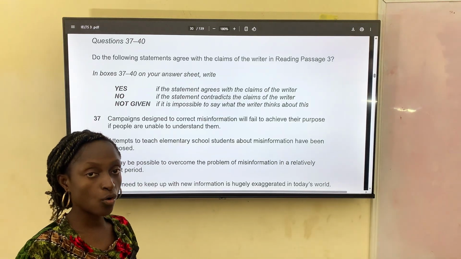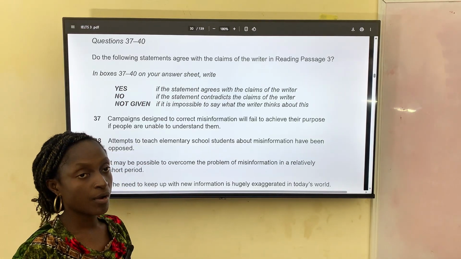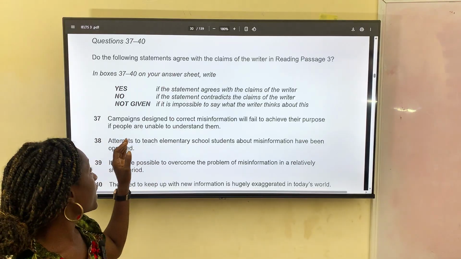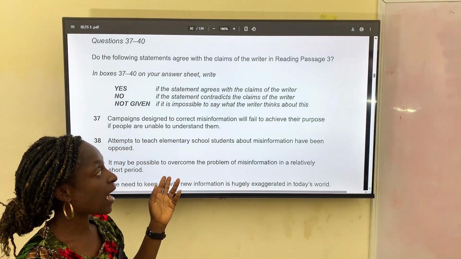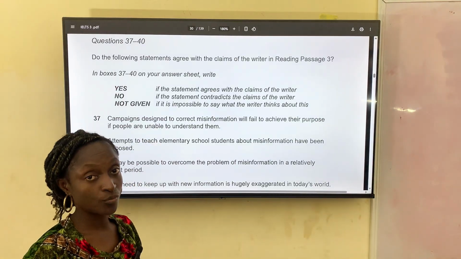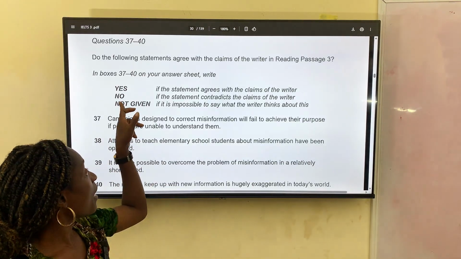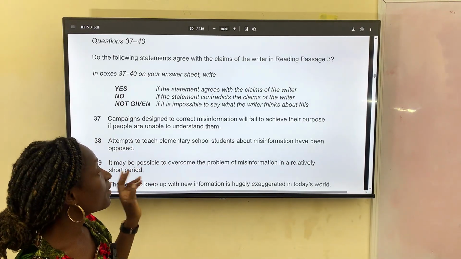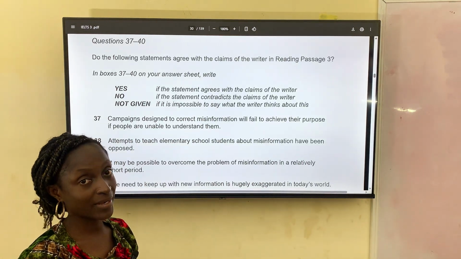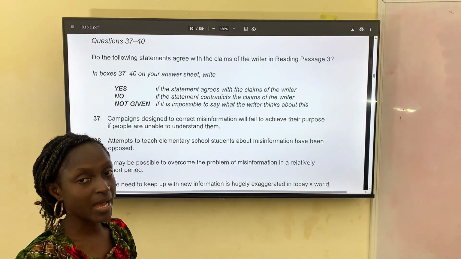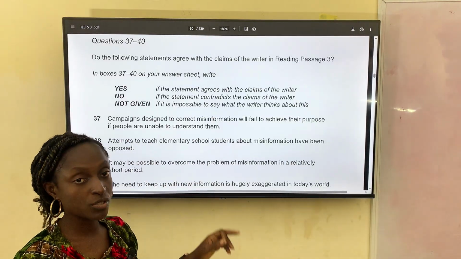If the opinion expressed in the question is the same as the one in the passage, our answer is going to be yes. If the opinion is contrary, our answer will be no. But if the opinion is an assumption, we can't say whether it is yes or no. We can't really decide what the writer's opinion is. Our answer will be not given.